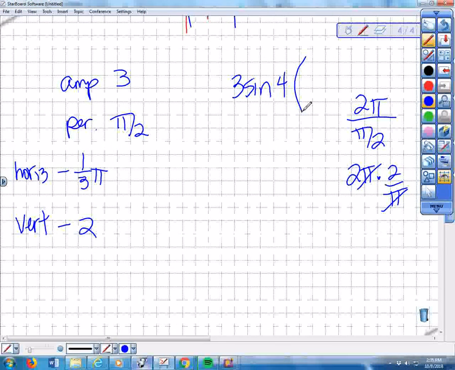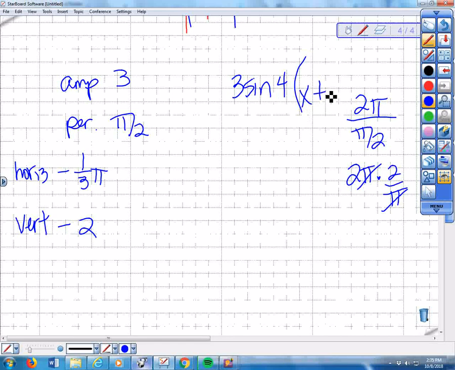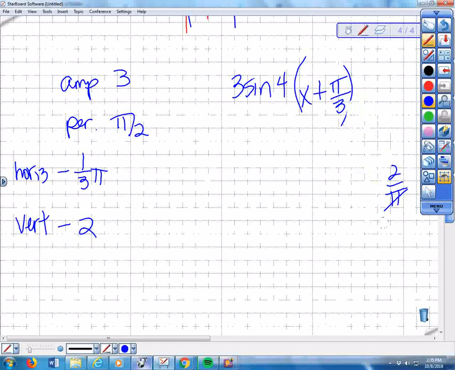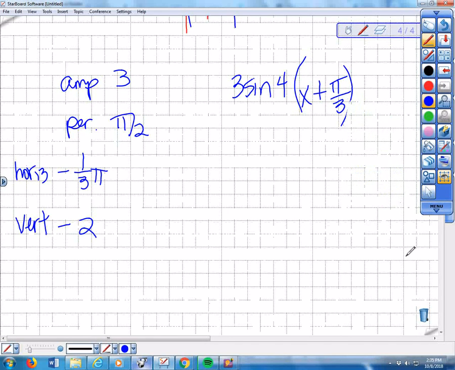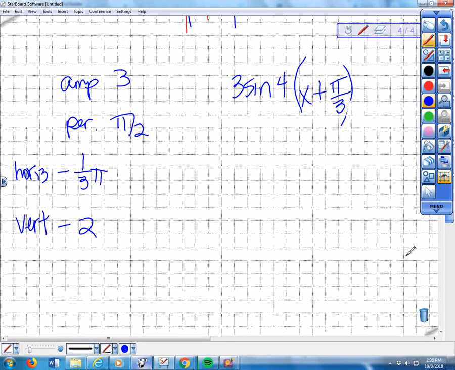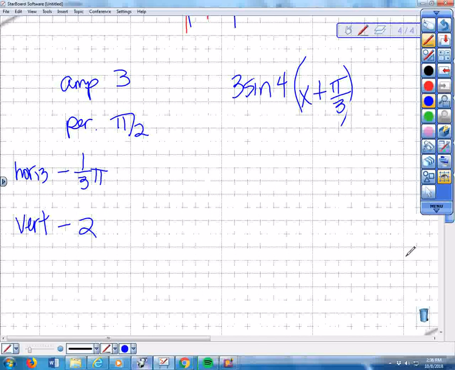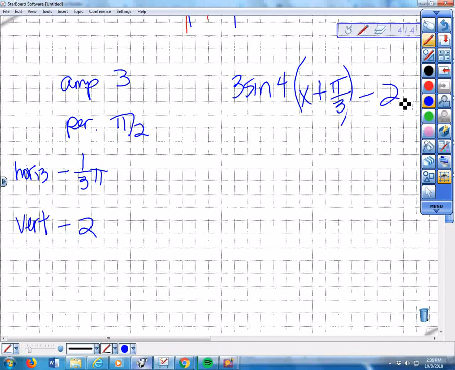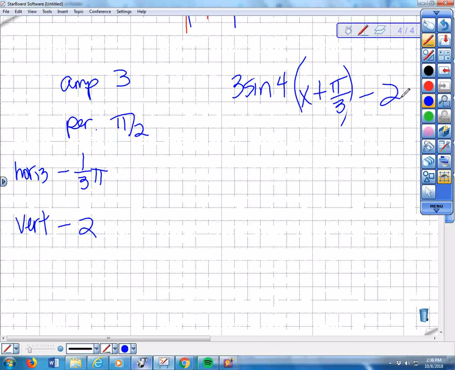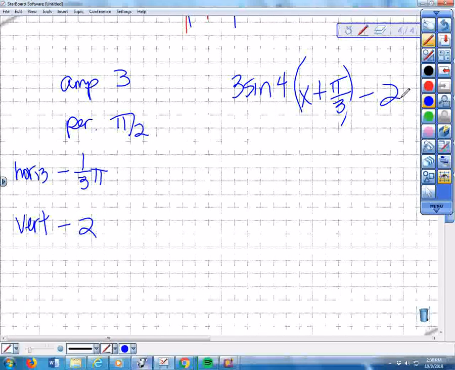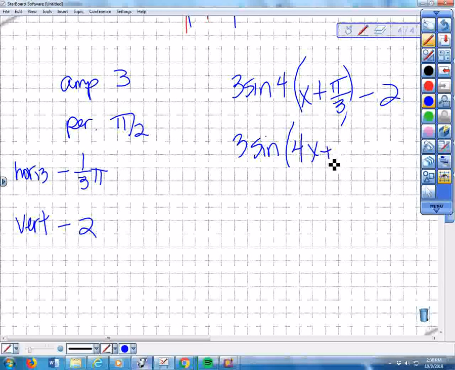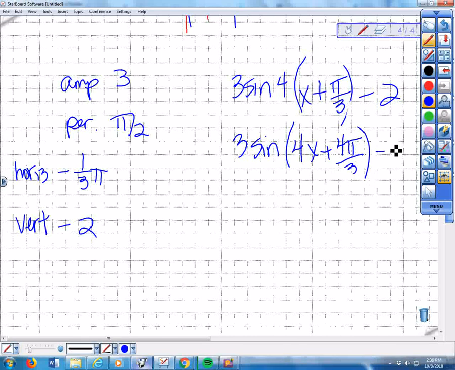This horizontal shift becomes x plus pi over 3, right? Because it's minus. Isn't it 1/3 pi? Same thing as pi over 3. So it would really be 3 sine 4x plus 4 pi over 3 minus 2.